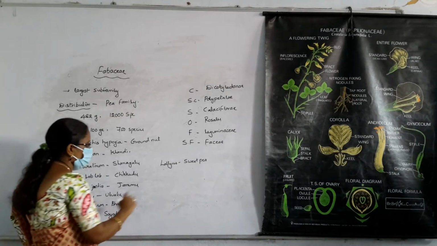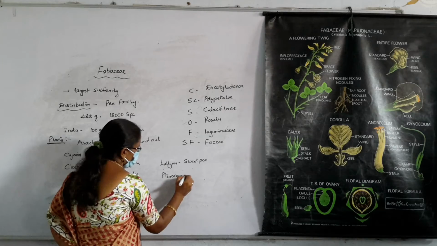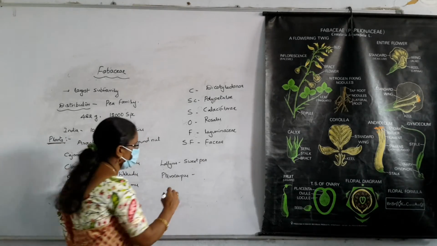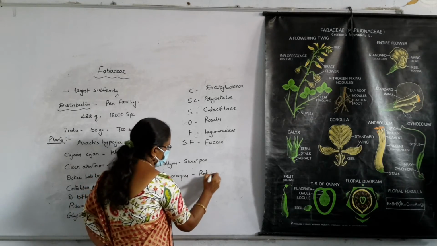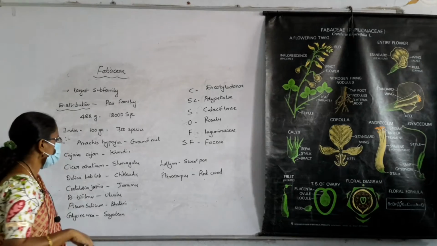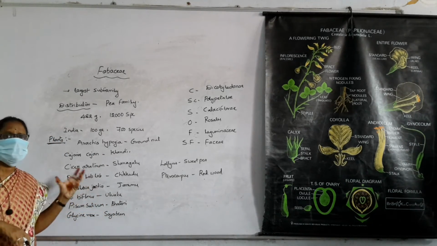And Pterocarpus, the red sandalwood or redwood. These are examples of Fabaceae plants, many common plants.